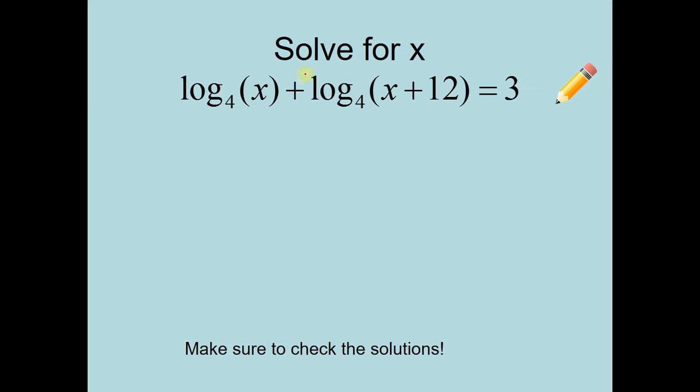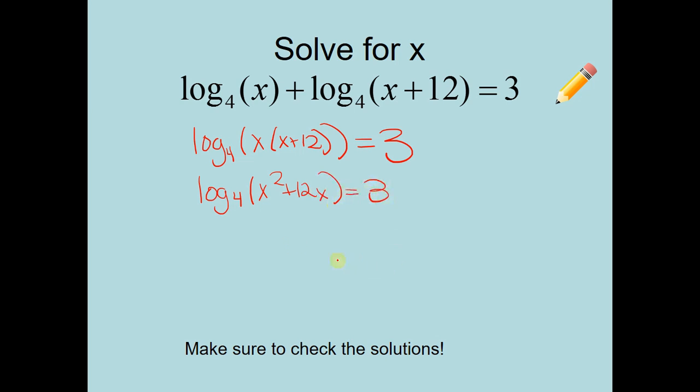That would be the multiplication or addition rule. So I can go log base 4 of x times x plus 12. That is me condensing into 1 log. It is equal to 3. I'm going to multiply this out here. So I got log base 4 of x squared plus 12x equals 3.